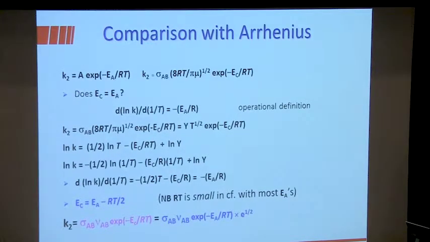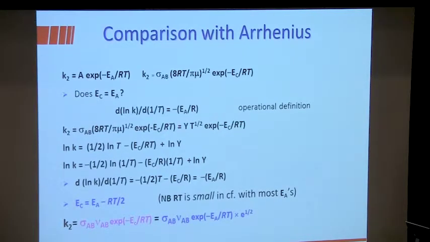So why not? First of all, the differential of log k with respect to 1 over T is equal to minus EA over R. Then we have the rate constant equal to this expression.